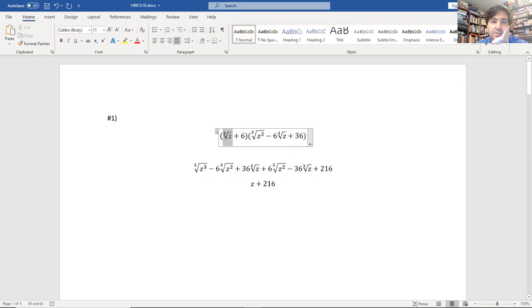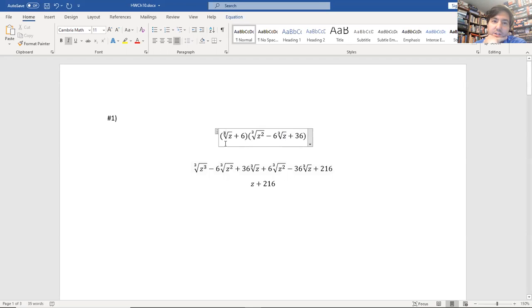Next, we're going to do this front term to the middle thing. So that's going to be a -6 and then a z and a z is going to give you z squared. So inside the cube root sign, you've got a z squared.